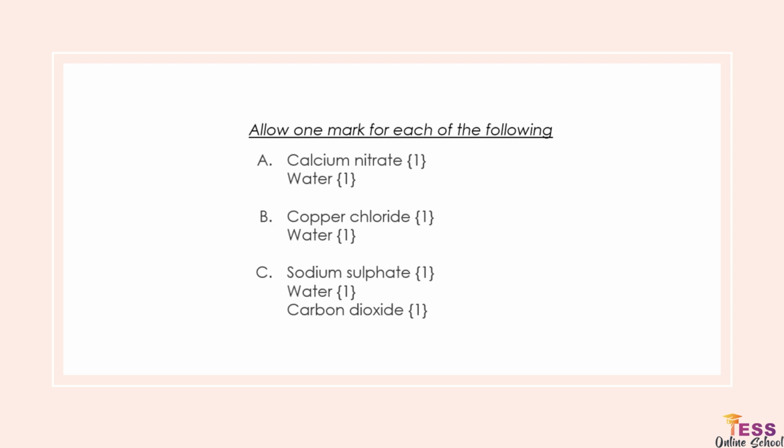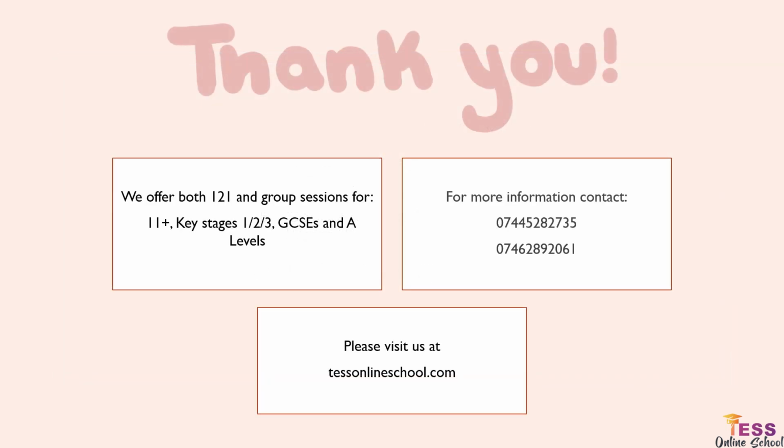The correct answers are calcium nitrate and water, copper chloride and water, and lastly, sodium sulfate, water, and carbon dioxide. You will only get the marks if you have written the word names rather than the chemical symbols, as the question is given in terms of the word equation. Also, remember that when naming a salt, the metal comes before the non-metal.